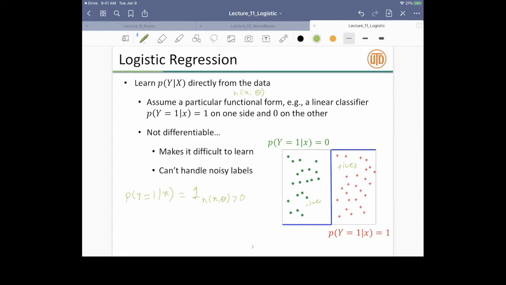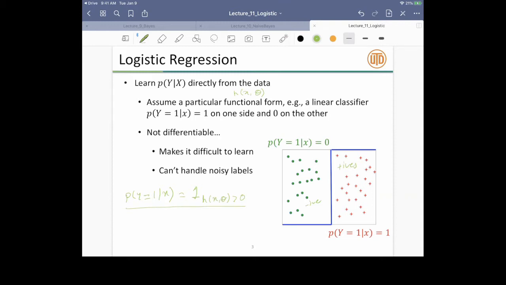So if h of x comma theta is negative, then the probability becomes 0. This would be the perfect classifier that we are trying to learn, and learning this classifier is going to be difficult.